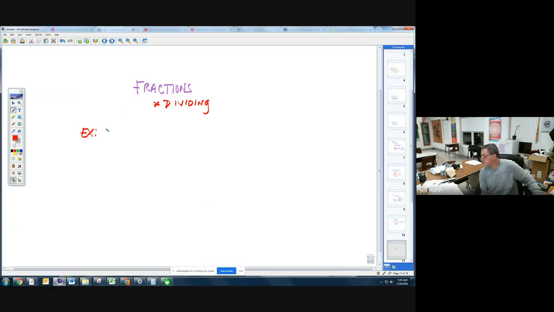Write down this problem. The question is, how many 1/2 are in 3/4?